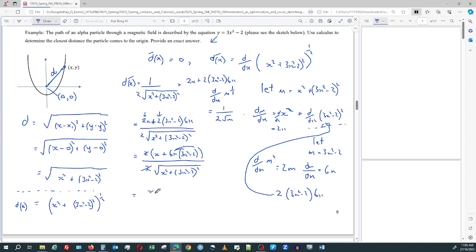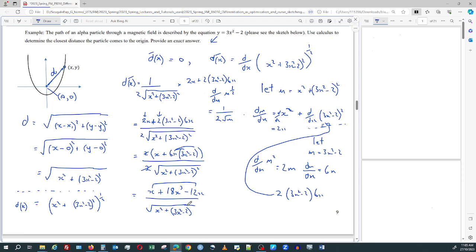So we'll have x plus 6, 3 is 18x cubed minus 12x over just now the square root. So just being patient and putting it all in, calculus is not the problem.